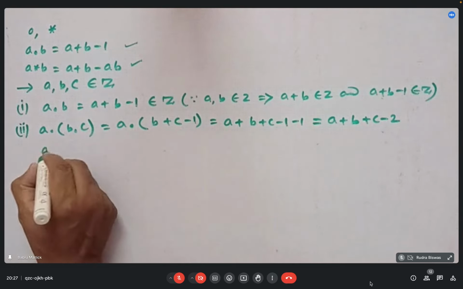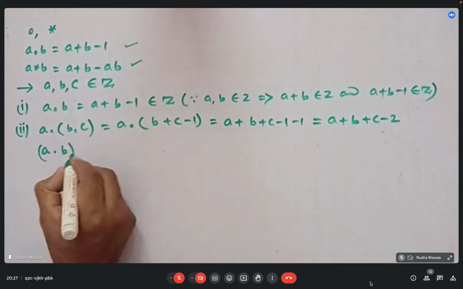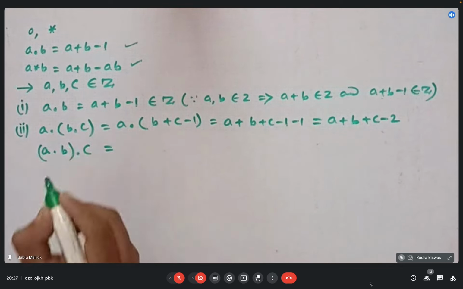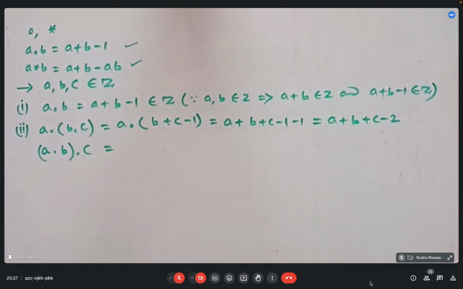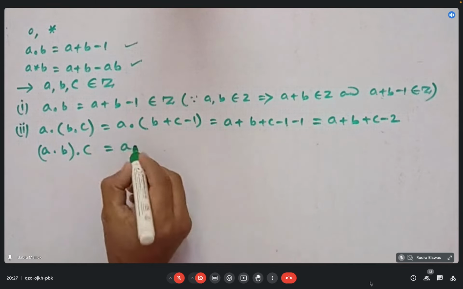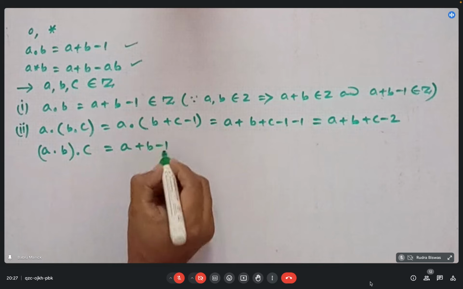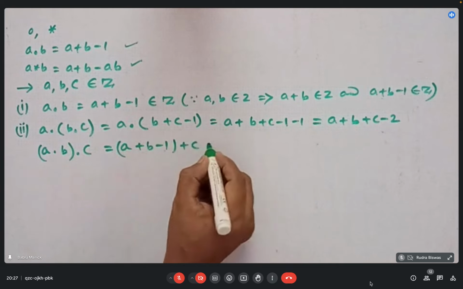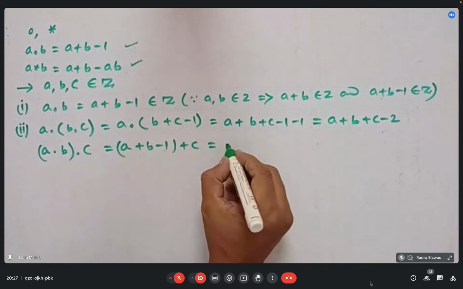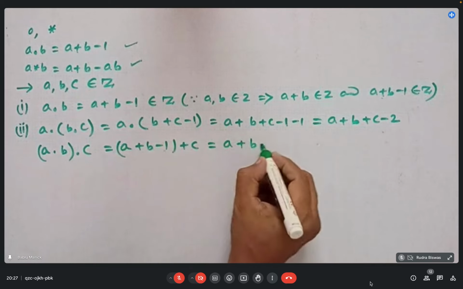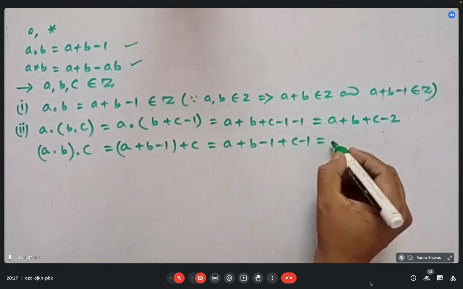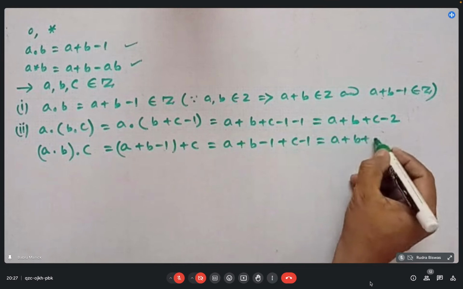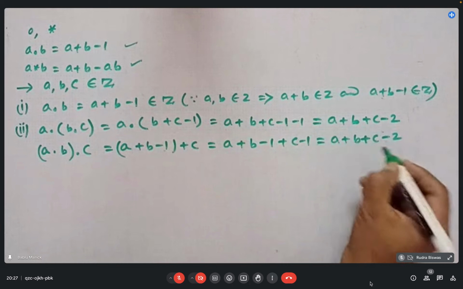And then (A O B) O C is equal to A plus B minus 1 plus C minus 1, so it is A plus B plus C minus 2.